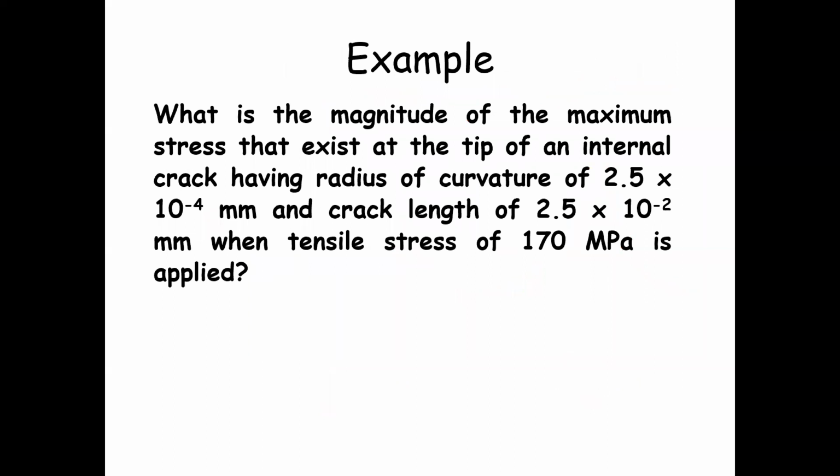So here is an example problem. The question says: what is the magnitude of the maximum stress that exists at the tip of an internal crack having a radius of curvature of 2.5 times 10 to the power of negative 4 millimeter, and a crack length equal to 2.5 times 10 to the power of negative 2 millimeter, when we apply a stress of 170 megapascal?